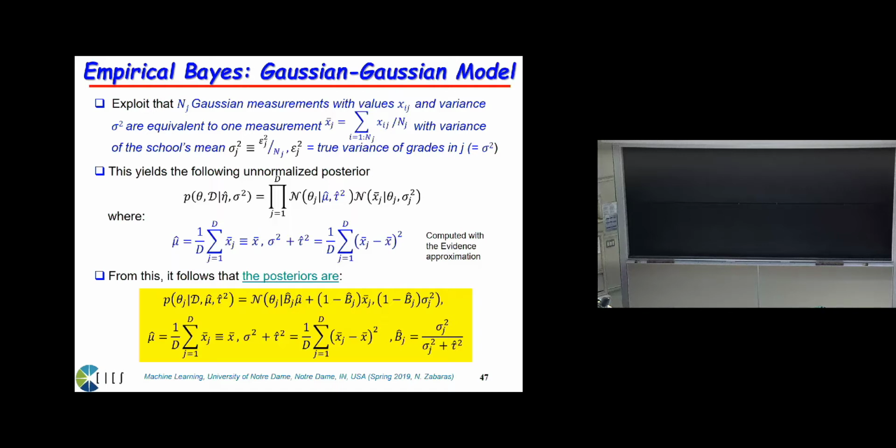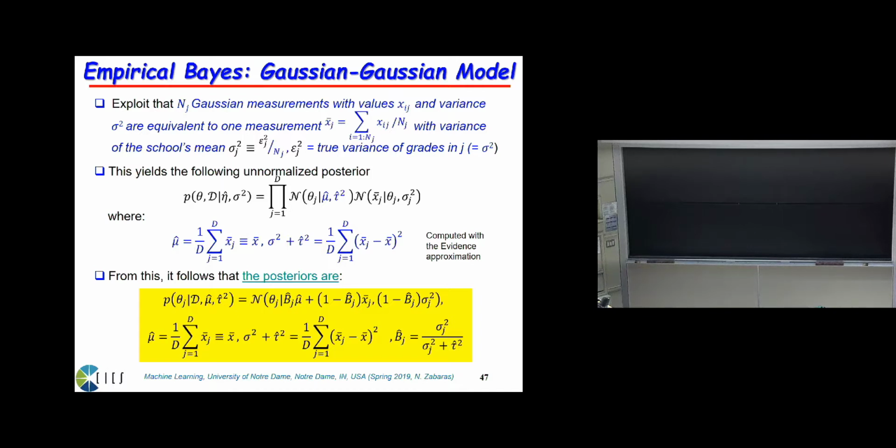The empirical mean, coming from any distribution, what distribution does it follow? It follows a Gaussian with mean the actual mean of the distribution, which we want to compute, and a variance which is sigma square over n. All right, so sigma j square is really sigma square over nj, okay? So what law of statistics says that? Central limit theorem, okay?